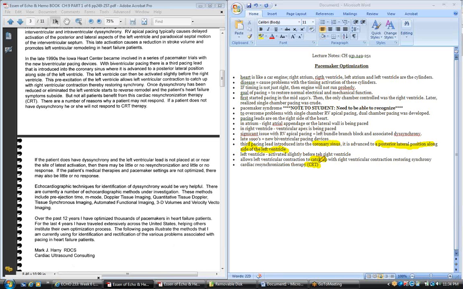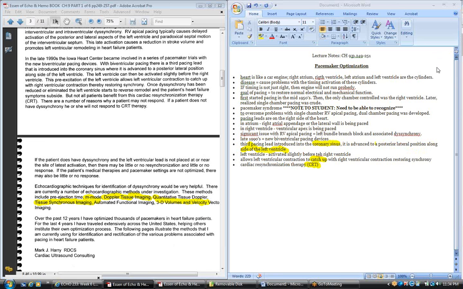The methods that we're using right now include M-mode, Doppler tissue imaging, quantitative tissue Doppler, tissue synchronous imaging, 3D volumes, velocity vector imaging. There's lots of things right now that are in the process of being looked at to try to increase our knowledge and increase our ability to help patients with heart failure and dyssynchrony.